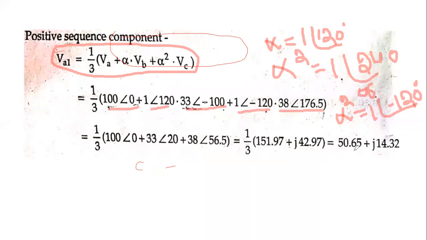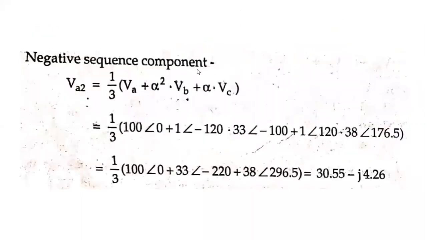Its value is 50.65 plus J 14.32. This is the positive sequence component voltage at A phase. Similarly, we calculate the negative sequence component.